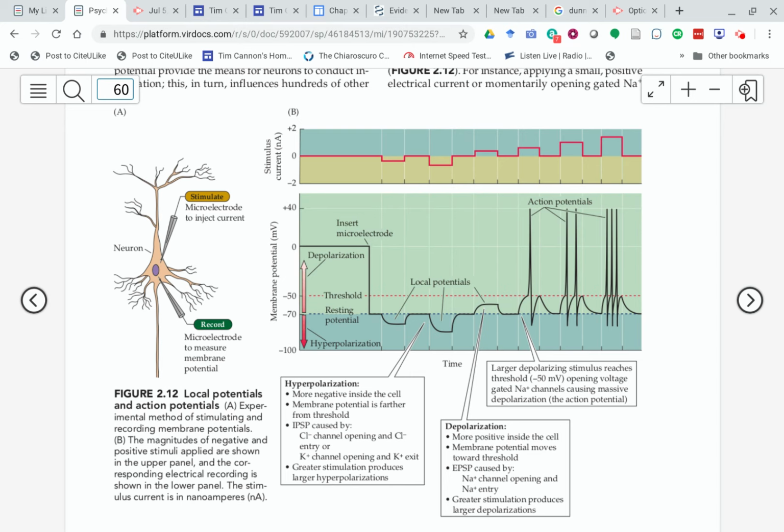And the voltage dependent sodium channels, by and large, open, and all that sodium, it's like Black Friday at Walmart. They open those doors, and if you don't get out of the way, they kill you. And all the sodium doesn't come in, only the sodium near the doors, because in very short order, you get to the peak of the action potential, and the doors close, and the cell is not filled with sodium that has to be pumped out.